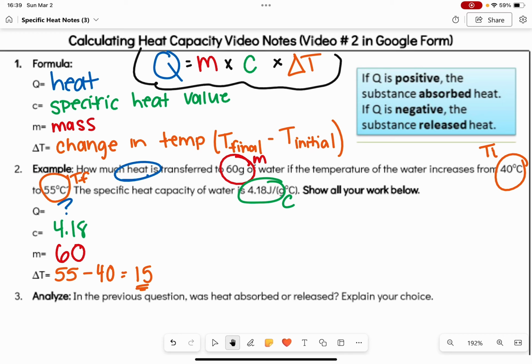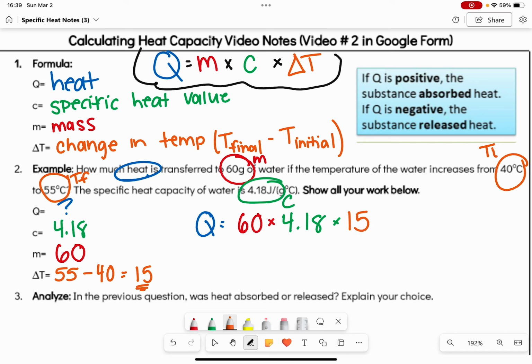Okay. So now that we know all of our values, we can go ahead and plug it into our equation to solve. So Q equals M, which is 60, times C, which is 4.18, times delta T, which is 55 minus 40, and we found that to be 15. So our last number is 15.